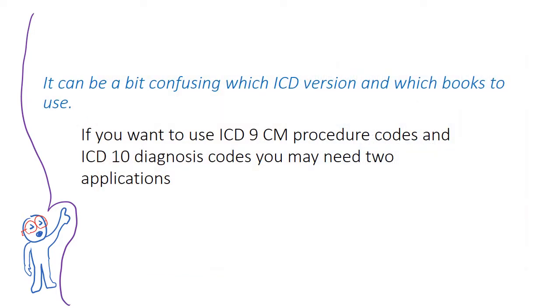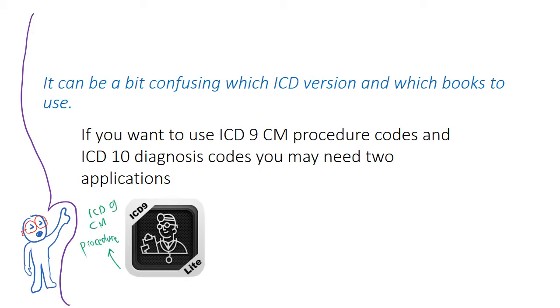As there are many ICD applications, finding the one to use is not easy. For example, if you want to use ICD-9-CM procedure codes, you may need to install an ICD-9 application which contains ICD-9-CM procedure codes, such as ICD-9 Lite 2012.